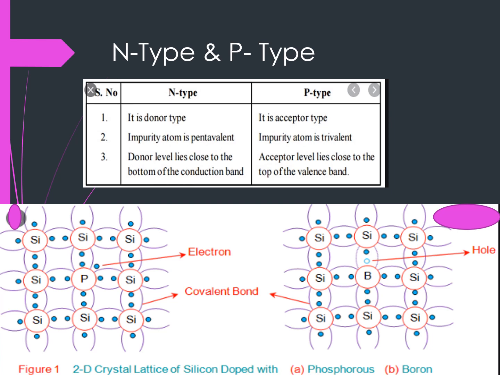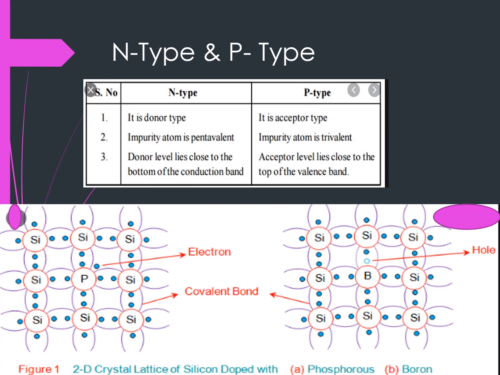If one phosphorus is here and so many silicon atoms are there, the impurity is always in a smaller quantity. Phosphorus has 5 electrons, 4 of which participate in bonding with the silicon atoms, but one electron will be free, and the energy level of this electron is near the bottom level of the conduction band.